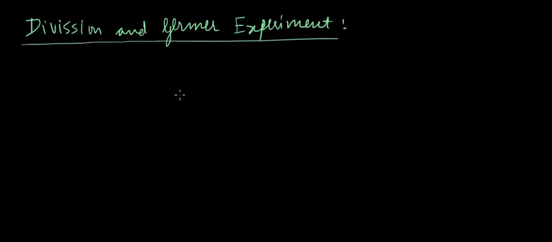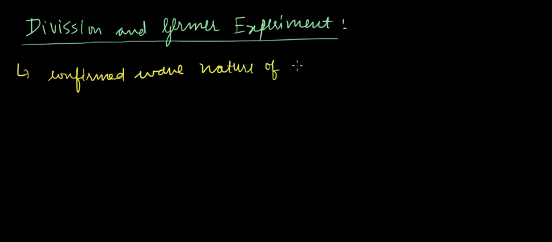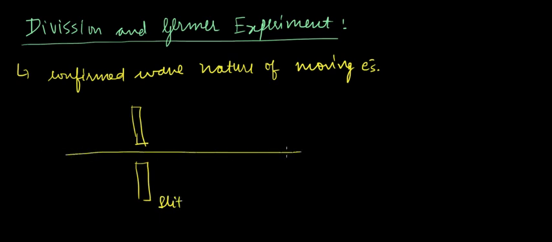Okay, so this actually confirmed the wave nature of moving electrons. What they did was they had a slit here, and this is the path of the electron.